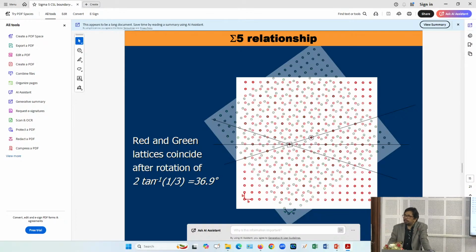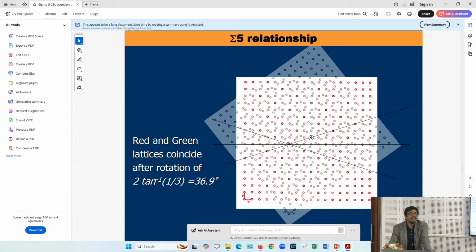Obviously, if the number goes down, that will be better in terms of periodicity, in terms of fewer broken bonds. Sigma 1 means every atom is coincident, right? And as you go higher, the number of coincident atoms decreases, and obviously the number of broken bonds will increase and energy will increase.